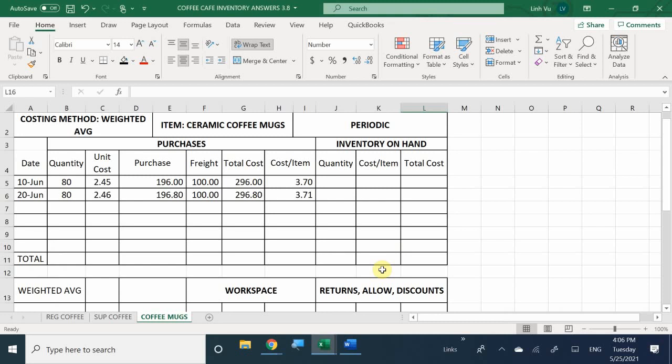Yes and no. If you guys remember, this worksheet is strictly only for purchases of inventory. So any purchase returns, any purchase allowances, or any purchase discounts only apply to the vendor and the vendor only.